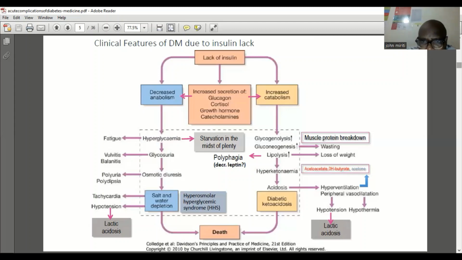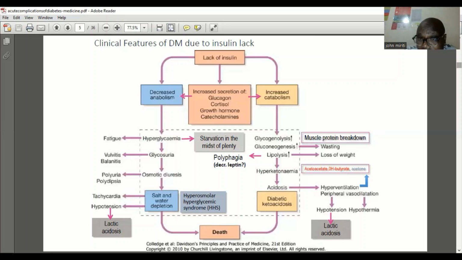There is increased production of ketones, like acetoacetate, butyrate, and acetone. This hyperketonemia results in acidosis. And when the patient has acidosis, the patient will manifest with hyperventilation because of the acetone, acetoacetate, and butyrate.